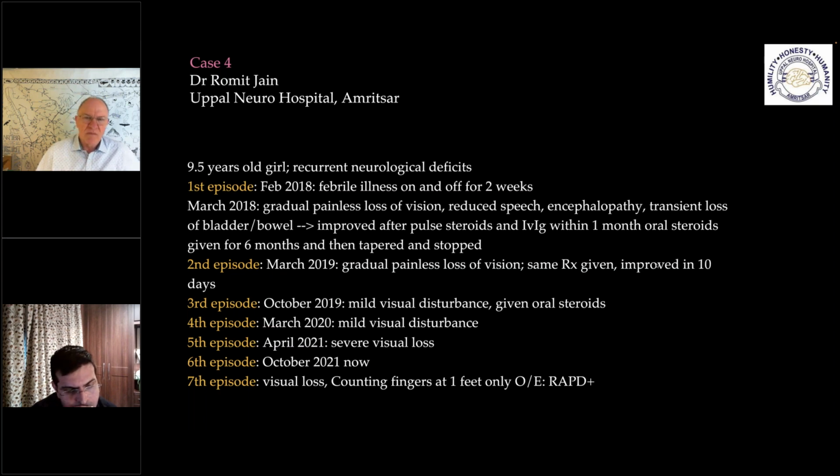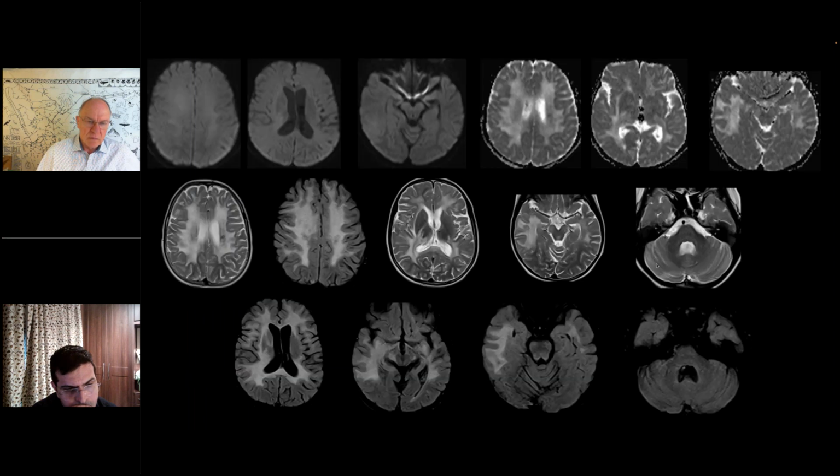I only put up the CD. I wasn't aware of the fix. So this is the latest MR. Sorry, I didn't put up the earlier images. So at least on the latest MR, we have confluent white matter abnormalities involving the bilateral cerebral hemispheres, no restricted diffusion, periventricular areas going up to the subcortical regions, also involving the central white matter and the pulvinar thalamic nuclei.